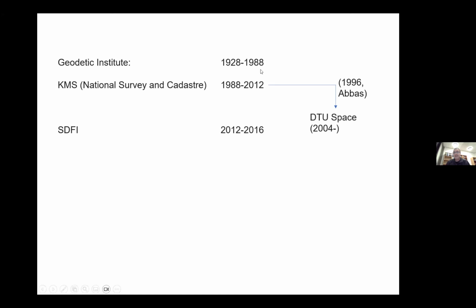In 1988, they changed the name to KMS, the National Survey and Cadastre. And I started in 96 working for KMS. And after some years, in 2004 or 2005, we split it into two divisions, one called SDFI and DTU Space, where I'm working now. But DTU Space is still responsible for all the, for instance, gravity measurements and all the GPS measurements in Greenland.